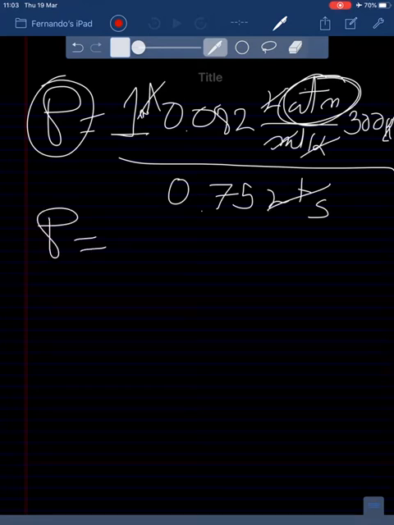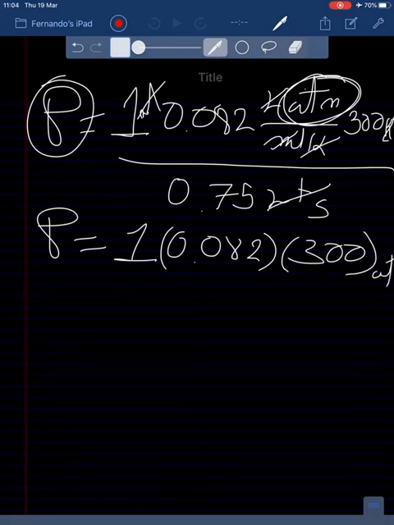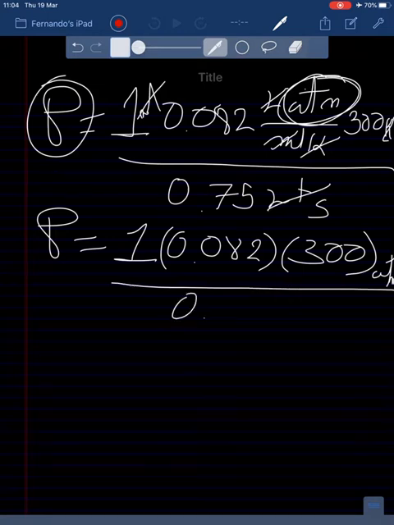In those terms, the pressure is going to be how much? Only using numbers because I already performed the dimensional analysis: 1 times 0.082 times 300, and I'm going to get atmospheres, all over 0.75.